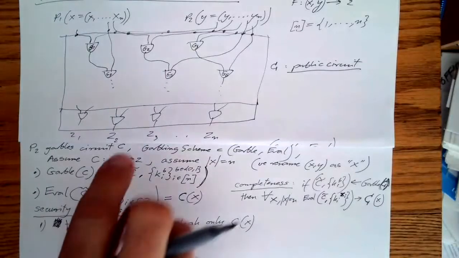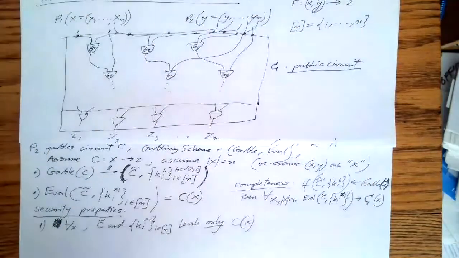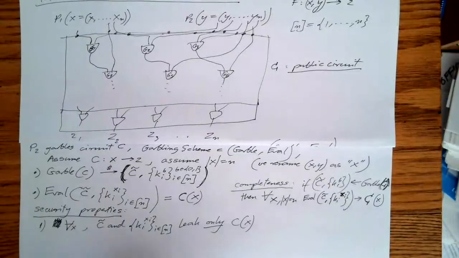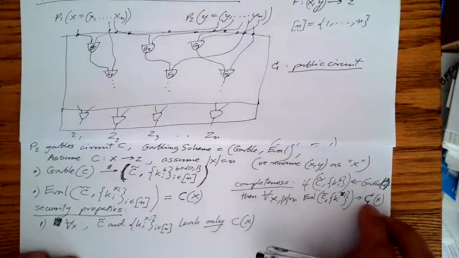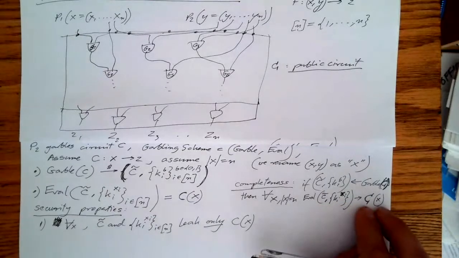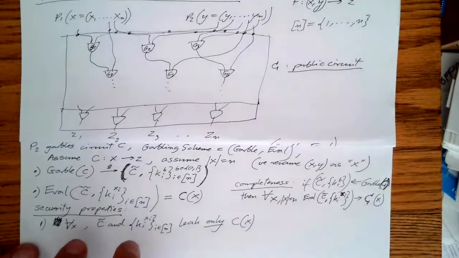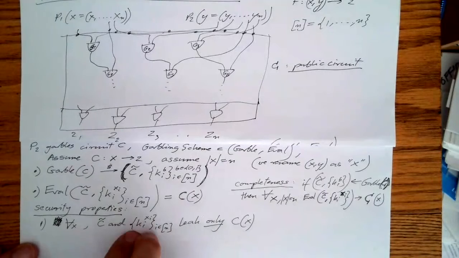And the keys that correspond to the input bits will be revealed to both. So both of them will be able to do this evaluation procedure and compute the output. The question is, what else is leaked about the input vector X by the presence of this garbled circuit and these key bits?